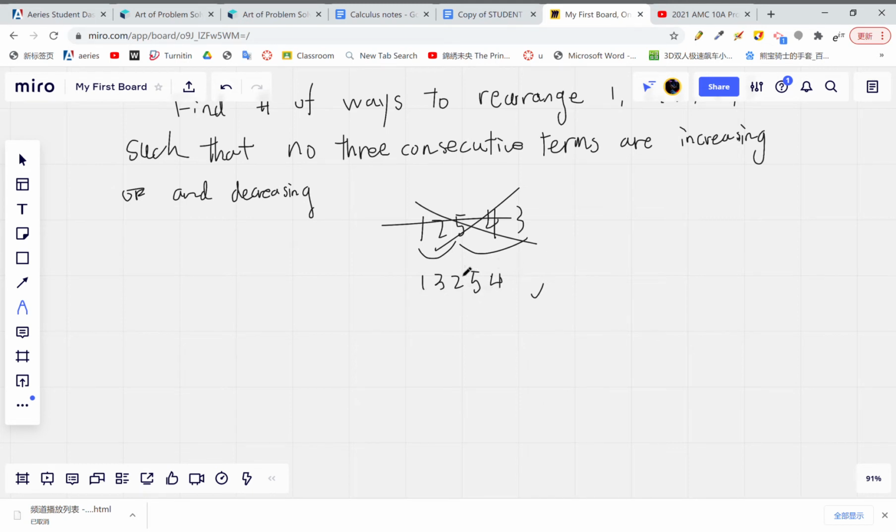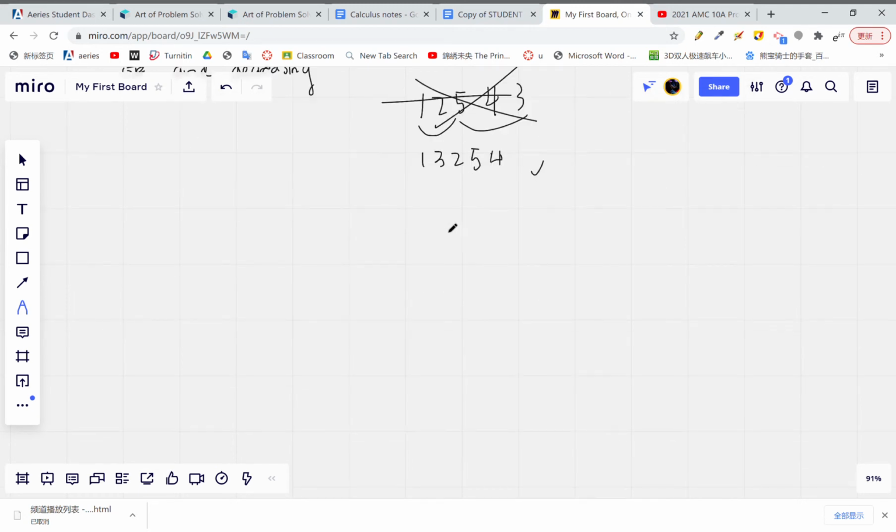So how are we going to solve this problem? First, I'm going to draw 5 lines. We can use the idea of symmetry.